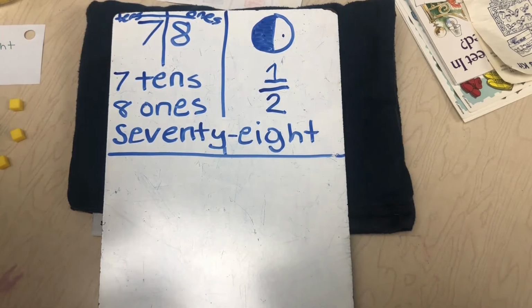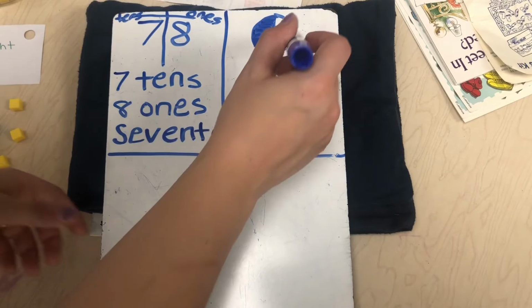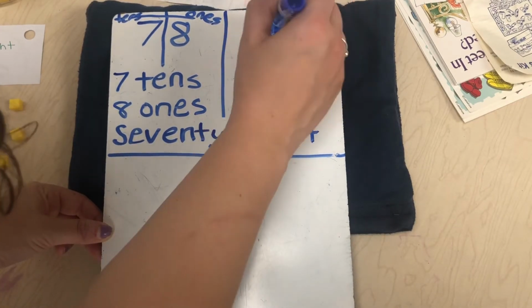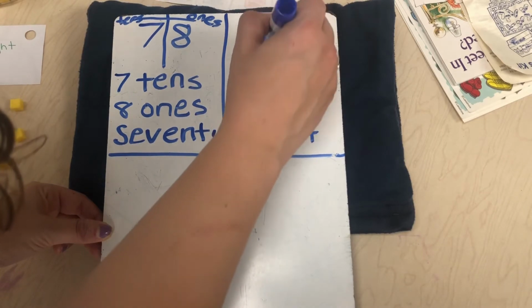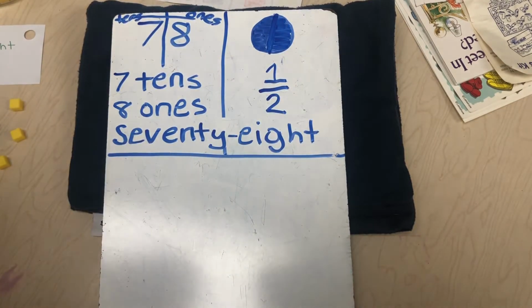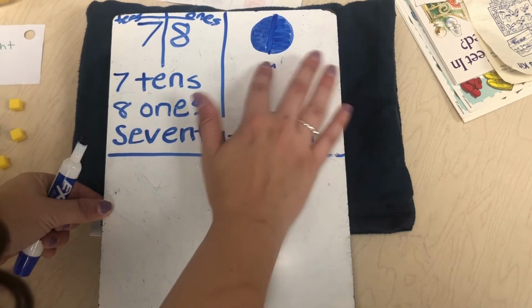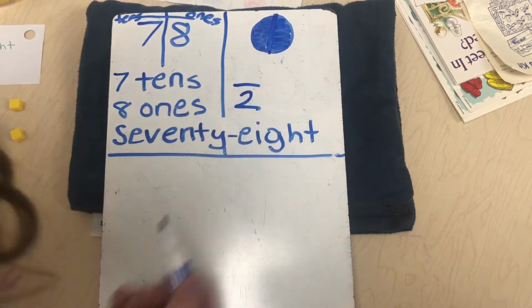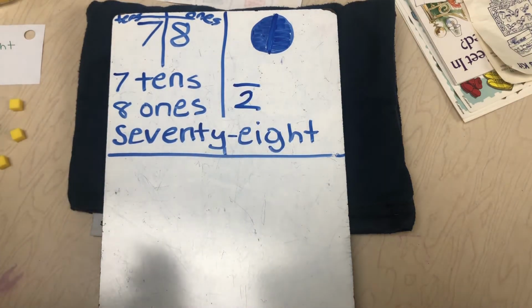For this, since we've already done this one, you can also assess by doing this. You can shade in this side of the circle as well. Just make sure you emphasize that there is a line between there. And you can ask your child, okay, how many pieces do we have? And they would say 2. So you would have 2 on the bottom still. And then you would ask how many are shaded in.